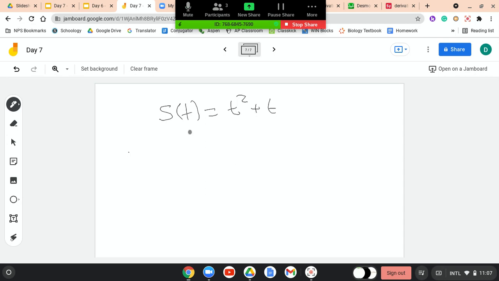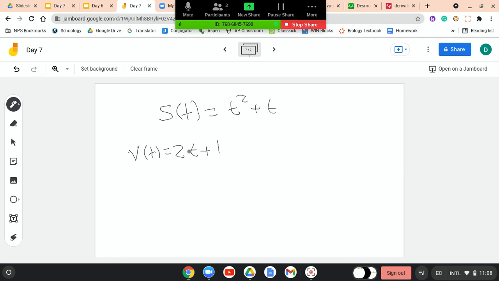Cool. So if we took the derivative of this function, we would get the rate of change of this function because that's what the derivative does. It tells us the rate of change of this function. But the rate of change of position is speed. So if I took the derivative of this function, I'd get 2t plus 1, all right? So do you see how this new function would be our velocity as a function of time?